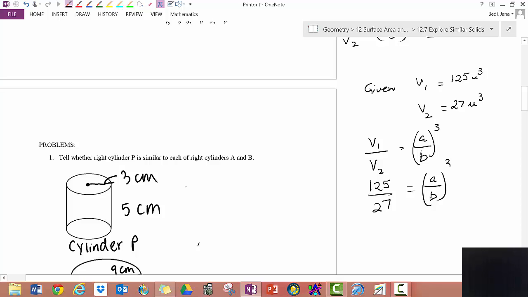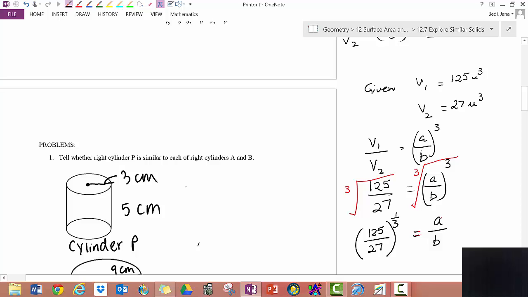Now I want you to take out your calculators. In order to find A over B, you're going to find the cube root of both sides. Cube root is the same as the exponent 1/3. So you would now have A over B is equal to 125 over 27 to the exponent of 1 over 3.